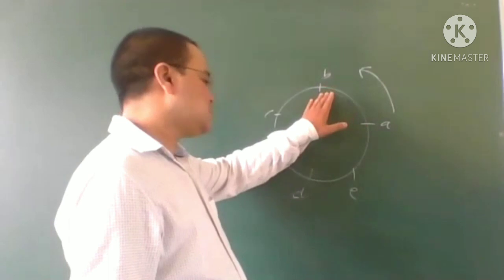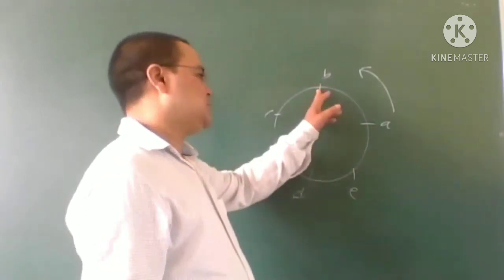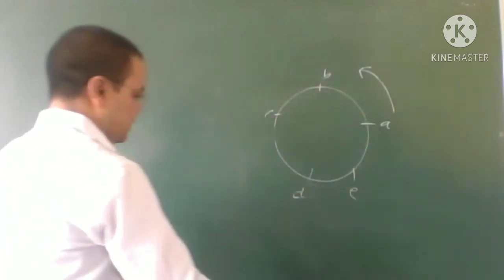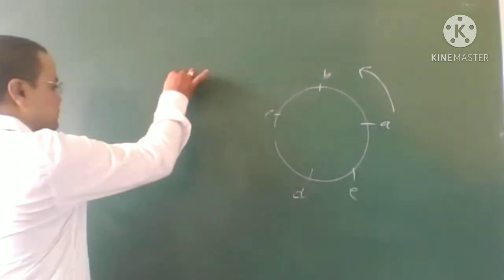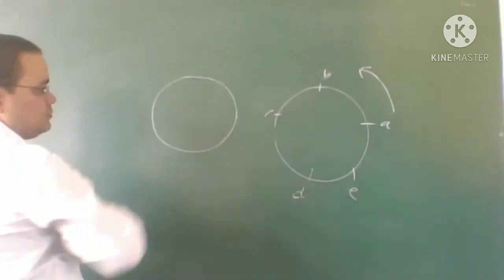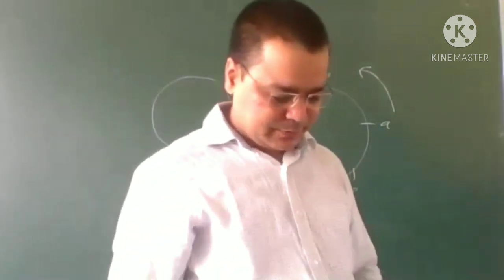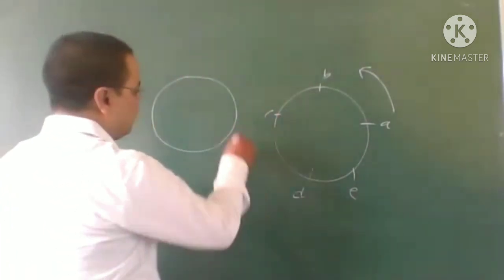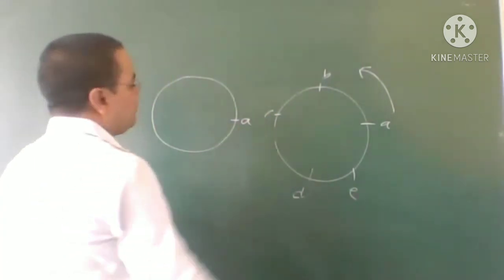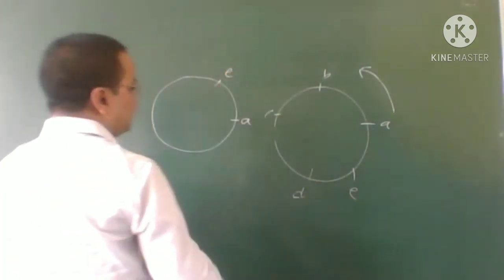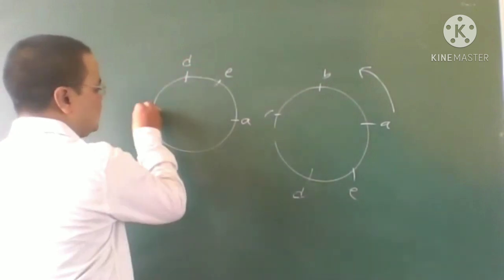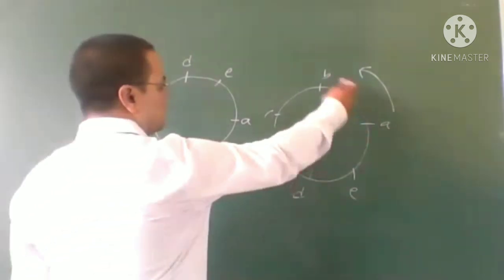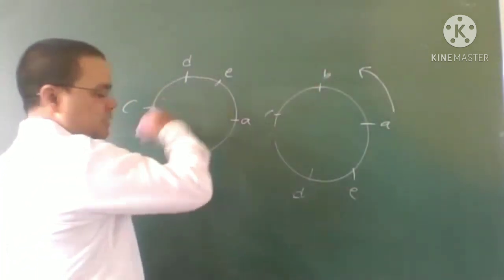The neighbor of A is B and also E. Now we arrange it differently: A, then E, then B, then C, and then D. One this side, another like this.